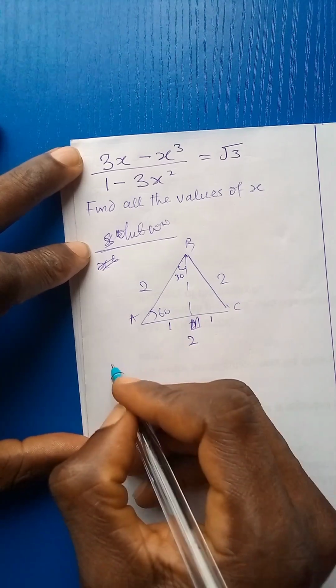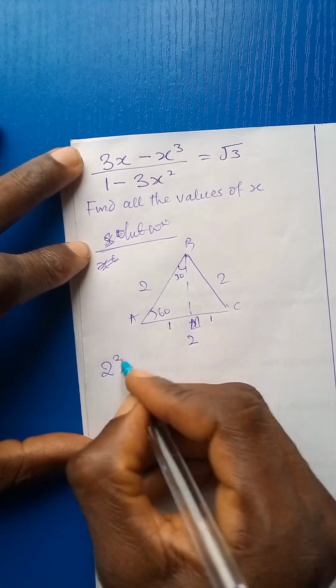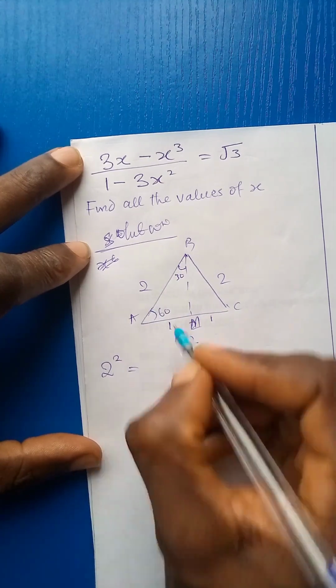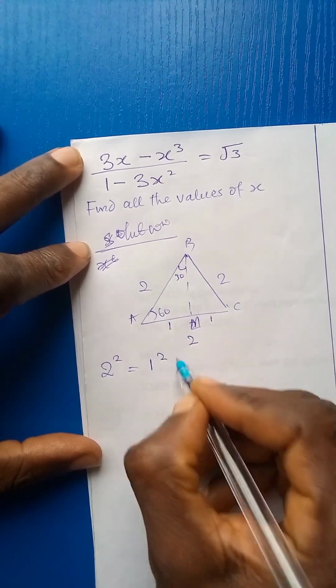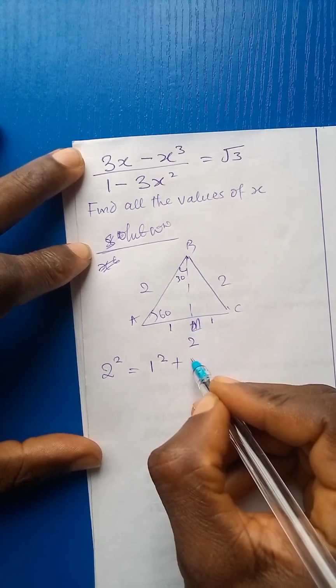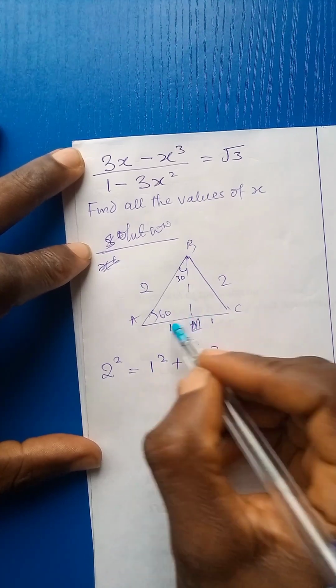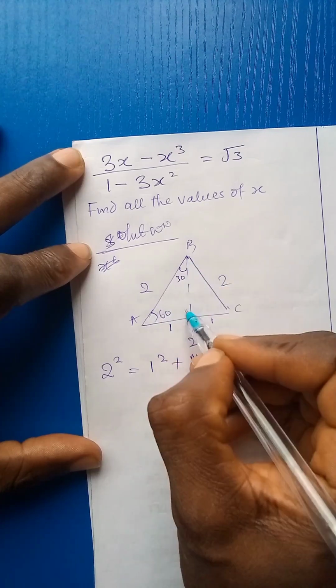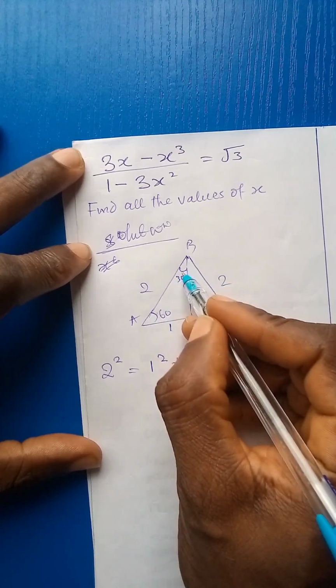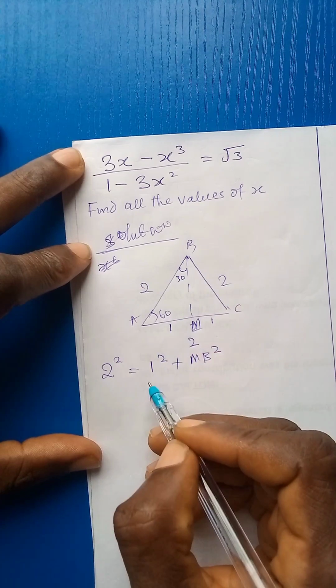And we are going to use Pythagoras theorem. That is, the hypotenuse squared, that is this side, is equal to this side 1 squared plus this side, which is MB squared. Now, if we are considering 60 degrees, here becomes the opposite. If 30 is the angle we are considering, here becomes the opposite.